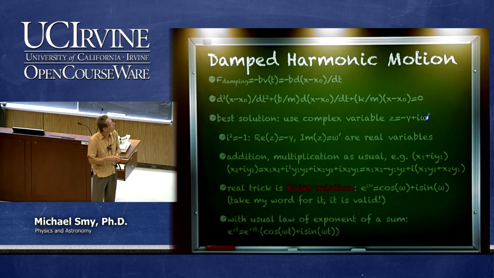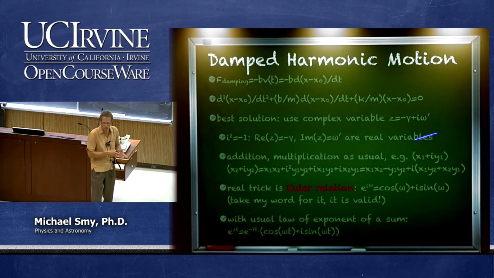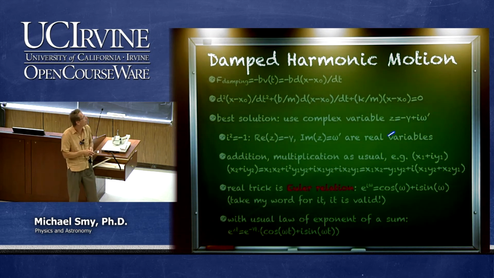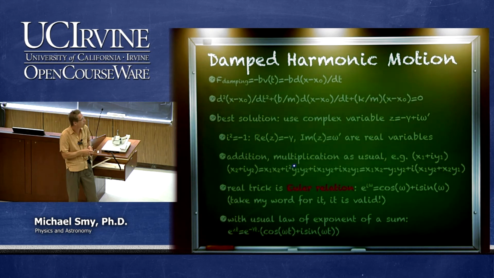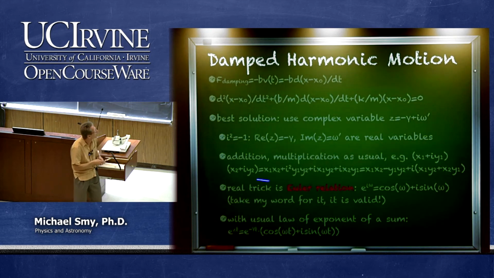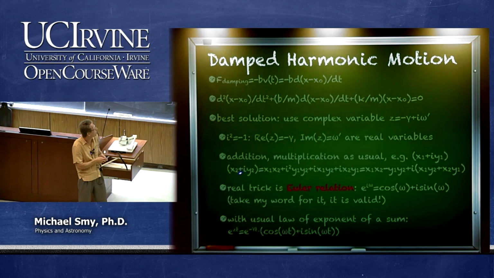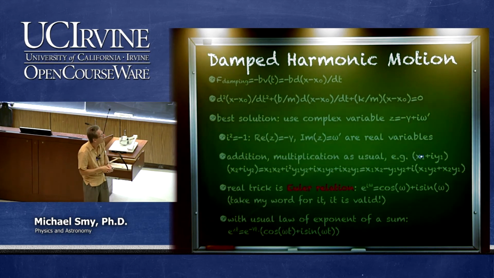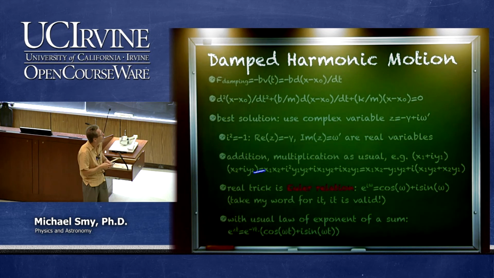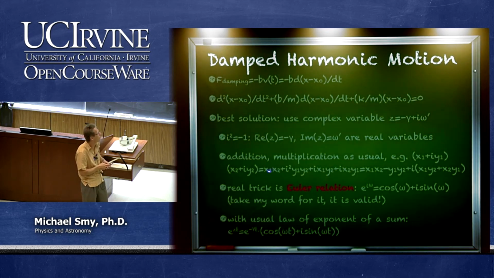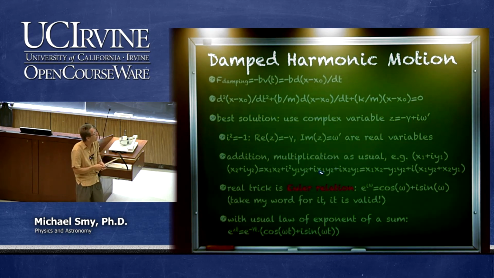And with such complexes, which is where the word complex variable comes from, one can calculate just with the usual rules. Addition and multiplication and so on work just as usual. For example, if I multiply x1 plus i y1 times x2 plus i y2, then I need to multiply this with that, and this with that, and the two cross terms, and I get x1 x2 plus i squared y1 y2, and then the two mixed terms.